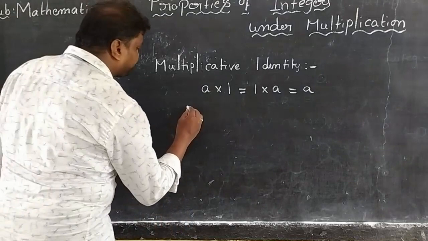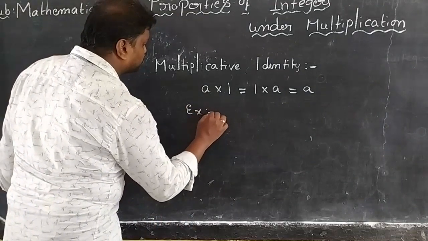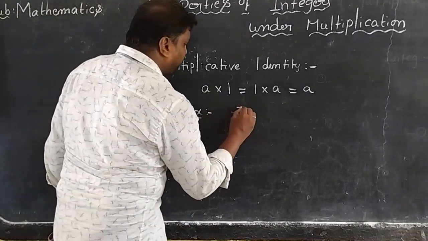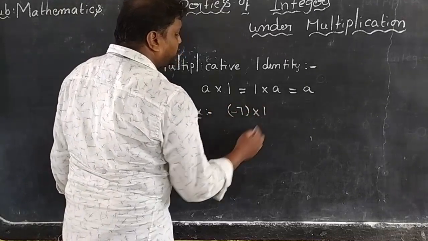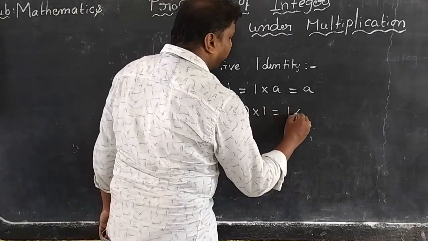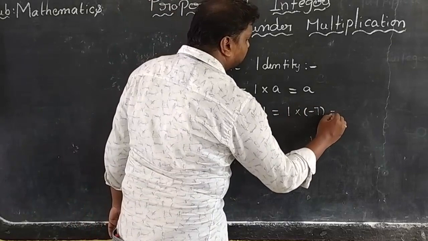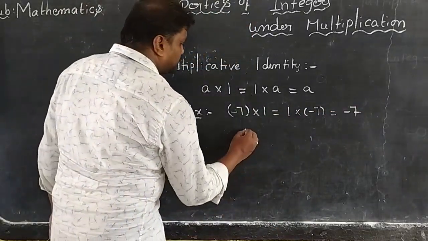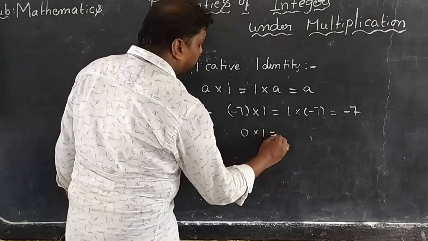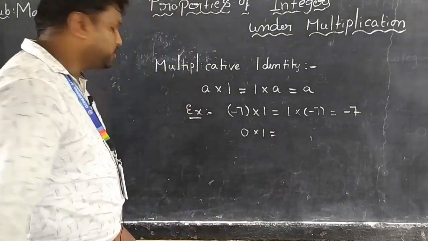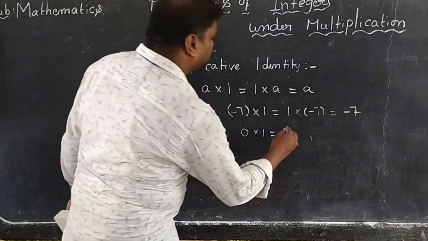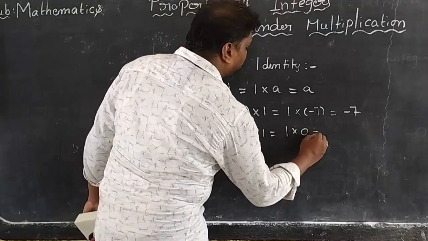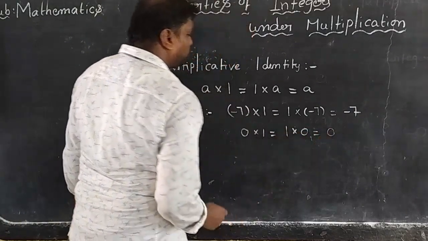For example, minus 7 into 1, or 1 into minus 7, what is the answer? Minus 7 only. Next, 0 into 1, or 1 into 0, the answer is 0.